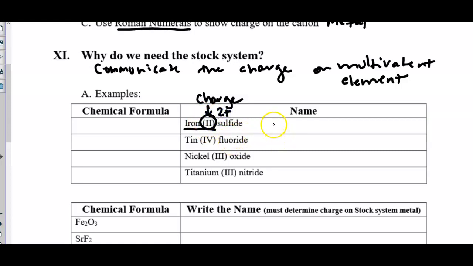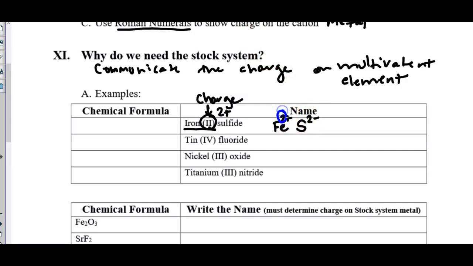So when we write the formula for it, I'll write the symbol for iron like we've done before, and I'll write the charge of it, and I get that from this Roman numeral over here. And then sulfide is just sulfur, and if I look at my periodic table, I'll see it's in group 16, so it's going to form a -2 charge. And then this is where we crisscross.